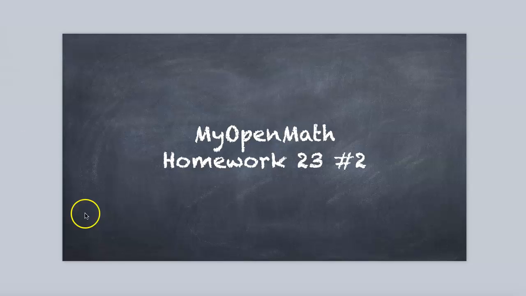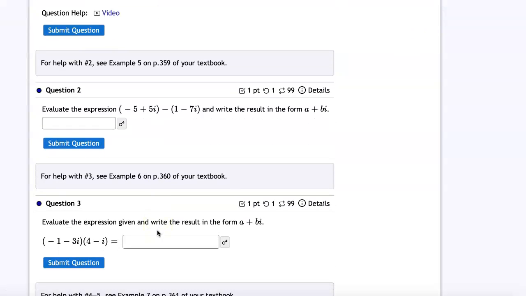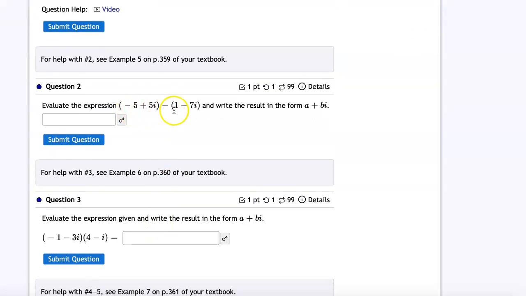Now we can go ahead and look at number 2 on my Open Math. In number 2, we have a -5 minus 1, which would be -6. And then a 5I minus a -7I is, of course, 12I.